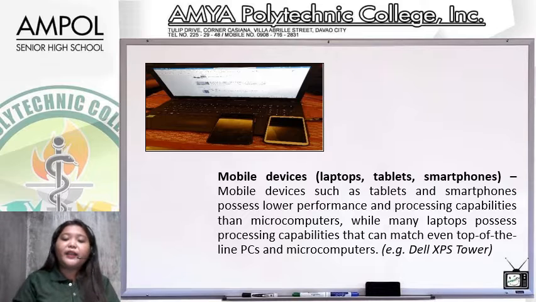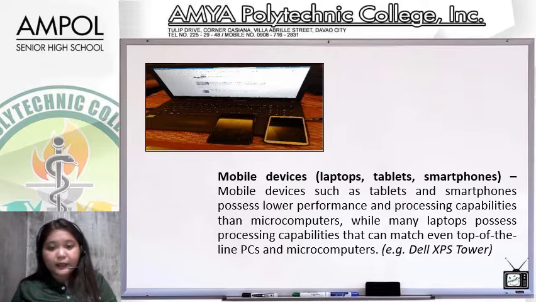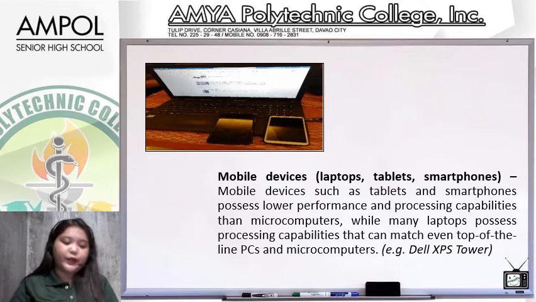Tablets and smartphones possess lower performance and processing capabilities than microcomputers, while many laptops possess processing capabilities that can match even top of the line PCs and microcomputers. An example is the Dell XPS Tower.